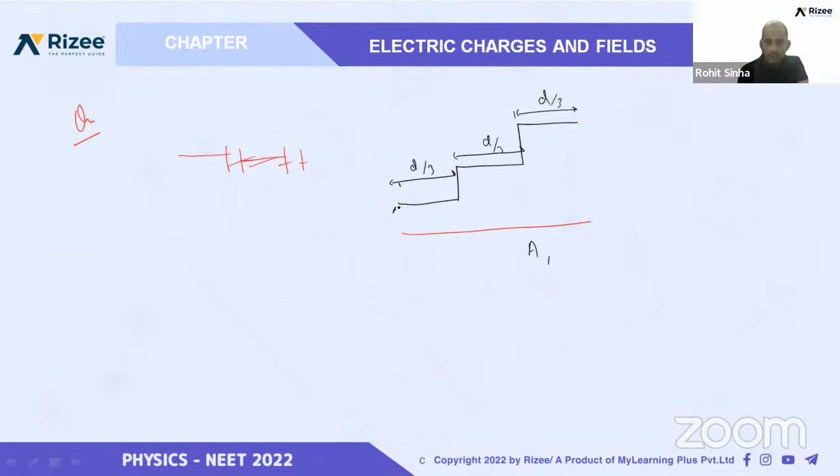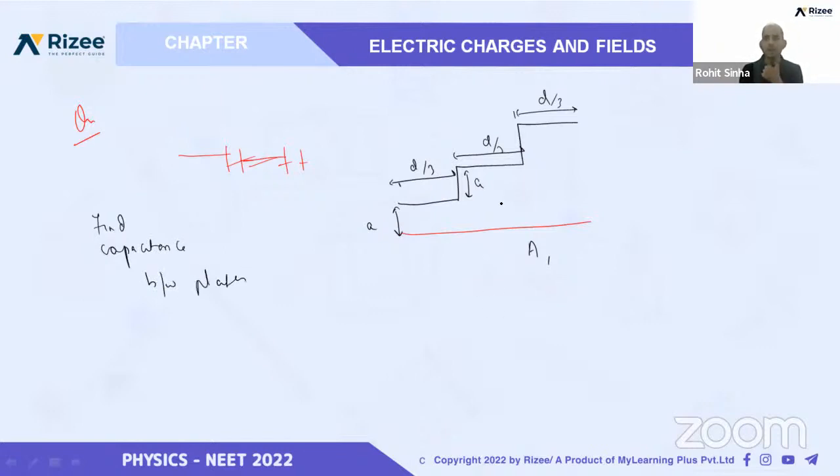Here the distance is given like this. It is A, it is also A. Okay, you have to find the capacitance between plates.